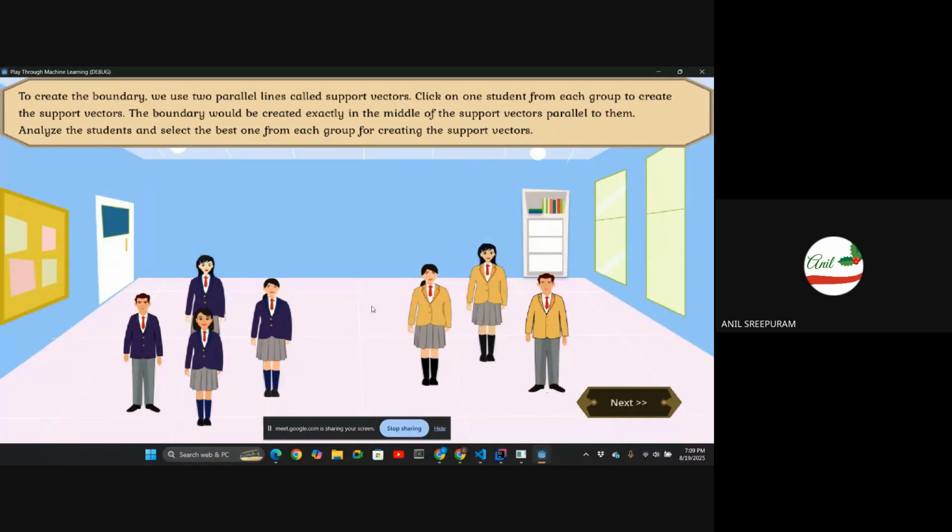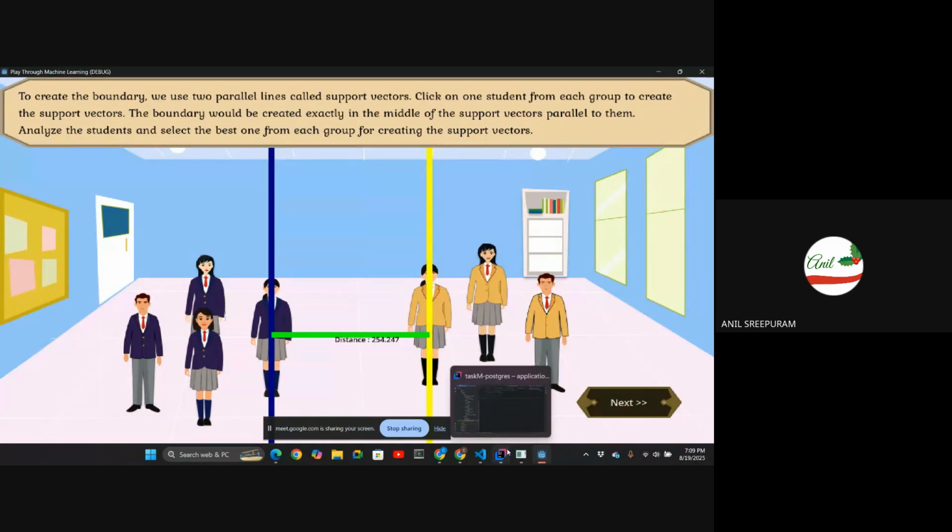First of all, you should pick the people, which I call support vectors. So she has called this one person a support vector, then the next person as support vector. In between these students, I have to place a line.